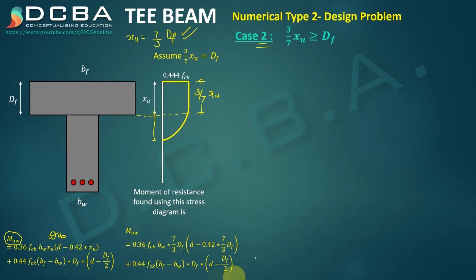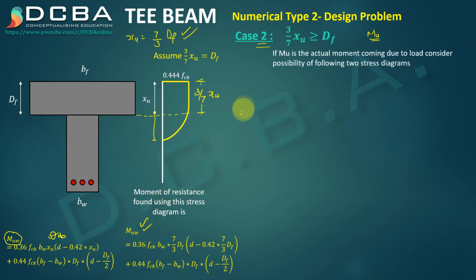After I solve this big equation I will get the value of MUW. Again I have the value of MU with me, that is the ultimate moment coming due to the load. If I compare MU with MUW, I will get two possibilities.